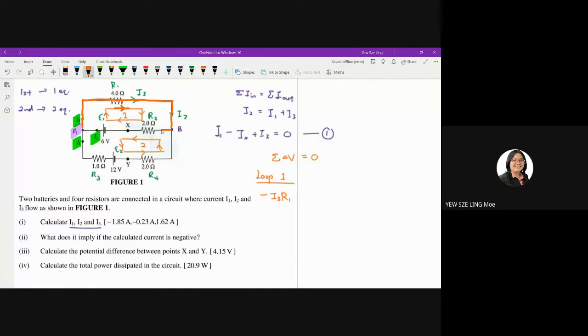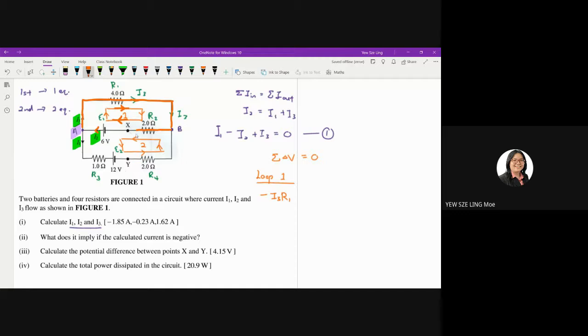Now, as I keep traveling, I've come to R2. What happens here is that the loop is going to the left-hand side, the direction of my journey is towards the left, and the current is also pointing to the left. So the current and the direction of the loop are both to the left, meaning it experiences a potential drop once again.